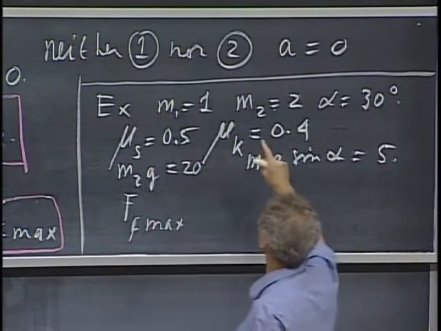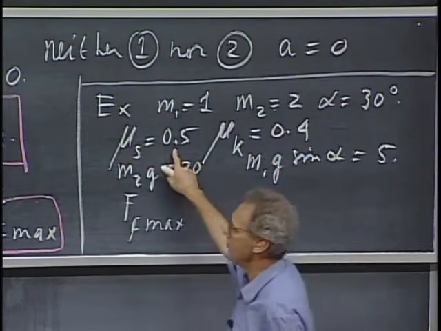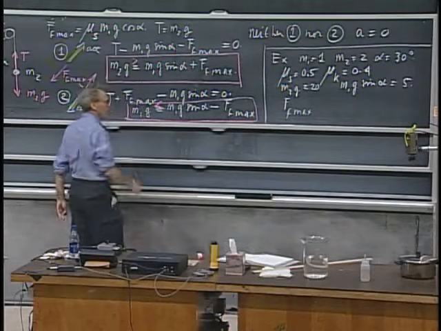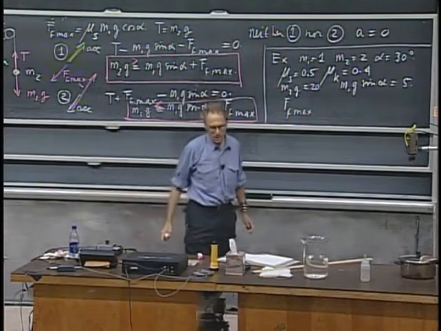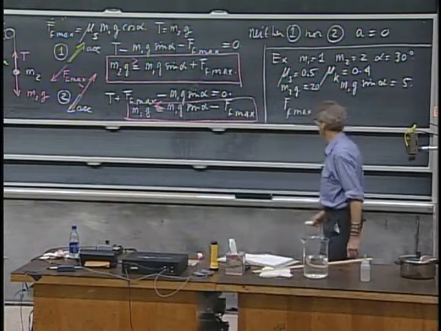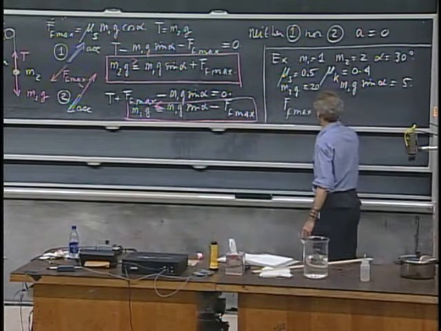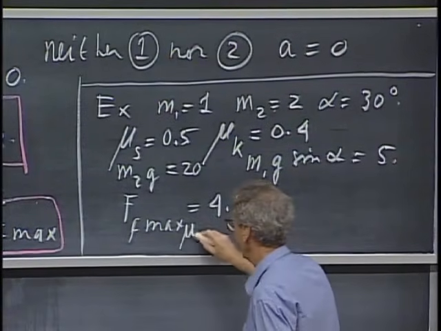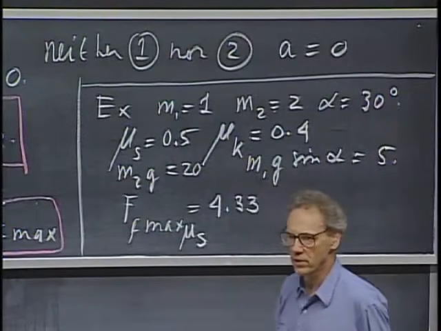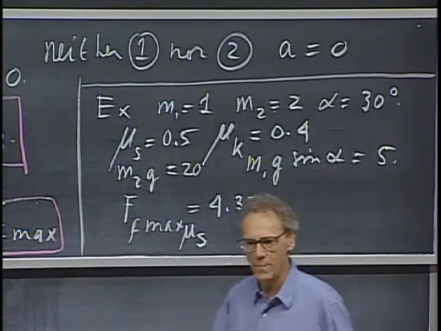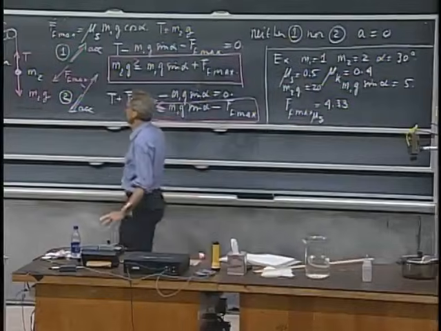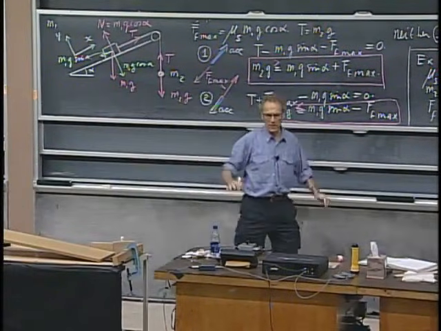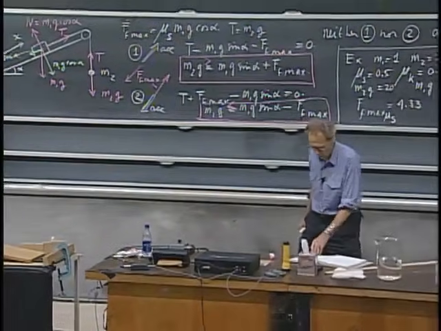I have to use for my friction coefficient 0.5. I have to use for m1g here a 10 and have the cosine of 30 degrees. And what I find, you have to take my word for it, is that this is about 4.33. And I want to remind you, I have used the static friction coefficient. And this is in newtons. I never put a capital N for newtons because that is very confusing with the normal force. All my units are always in SI units, so the force is always in newtons.